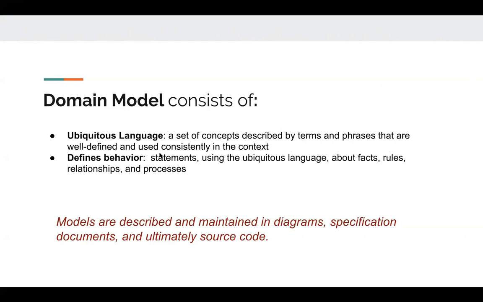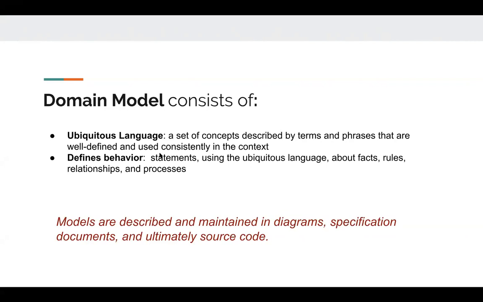It's also important though to define what behaviors are unique to your domain. So statements using ubiquitous language about facts, rules, relationships, and process. So with that, you need to generate a model. Models can be described using diagrams, documentation, or even your source code to explain what the models are.